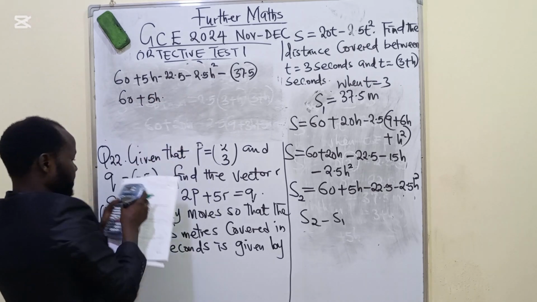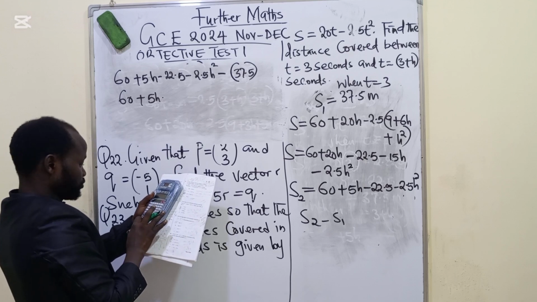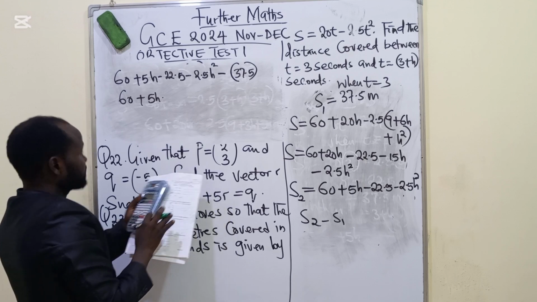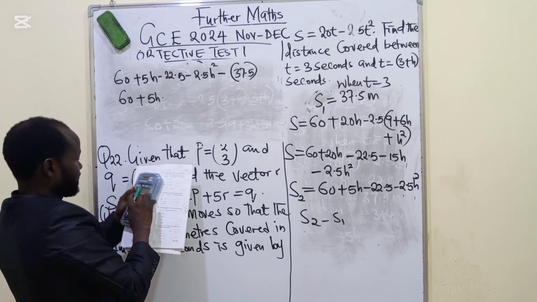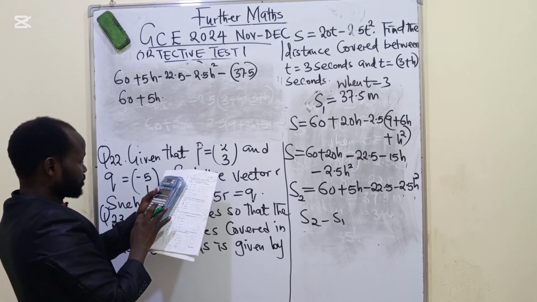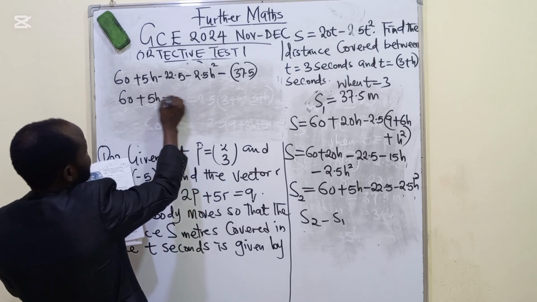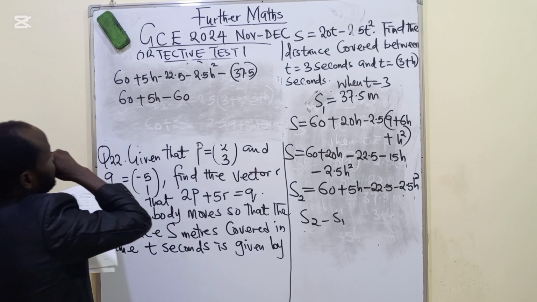60 now plus 5h, this will be minus 37.5 minus 22.5. That will be minus 60. Very well.